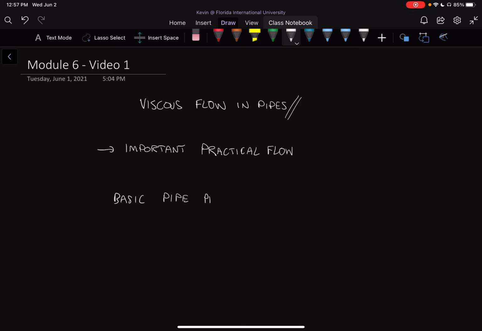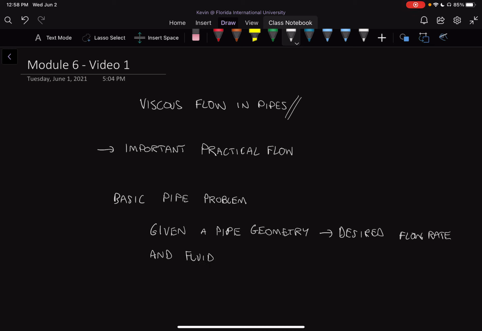A basic pipe problem that we would have is that we are given, for example, a pipe geometry, and from this pipe geometry we want to figure out the desired flow rate and fluid properties.